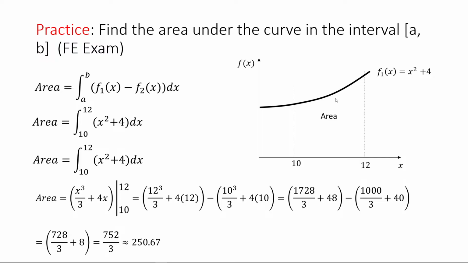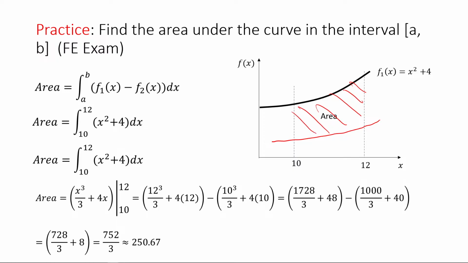In that case, the area under the curve would be the integration under this curve, function number one. If I have another curve here and I want to find the area between these two curves, let's say I have another curve here, and I want to find this area between these curves.